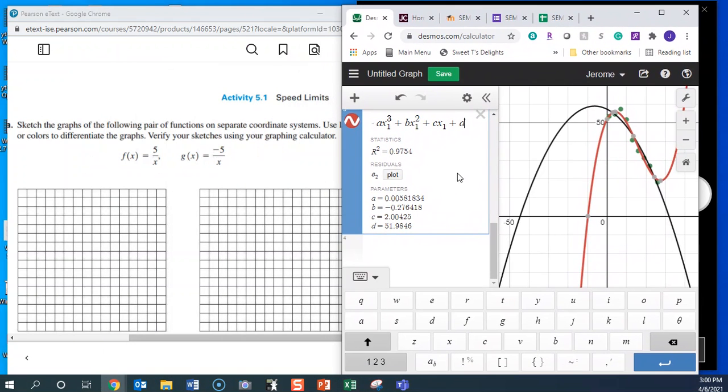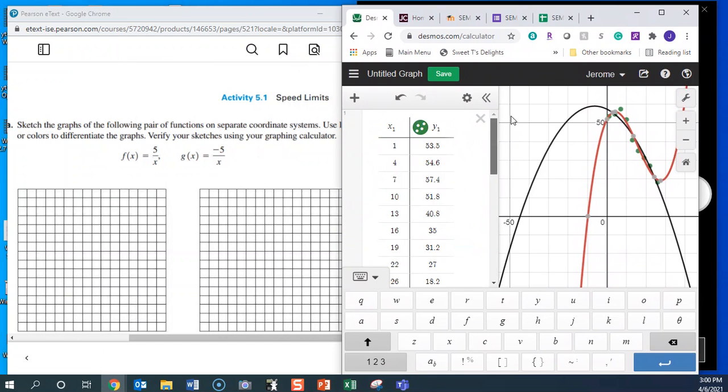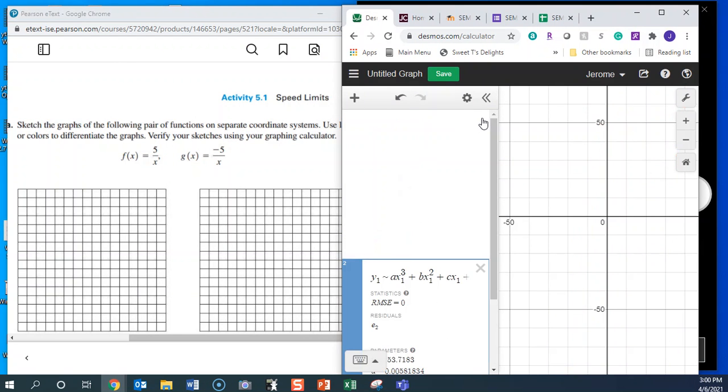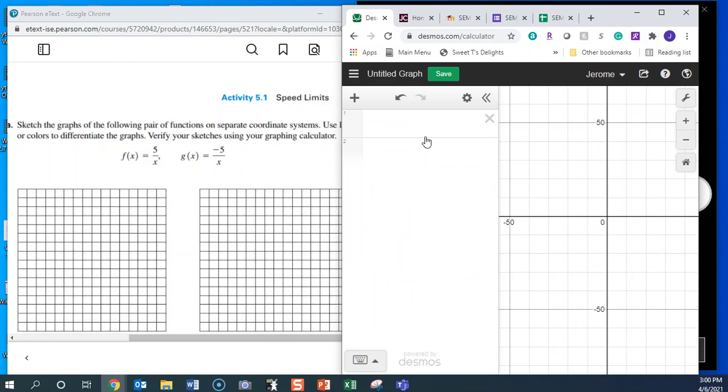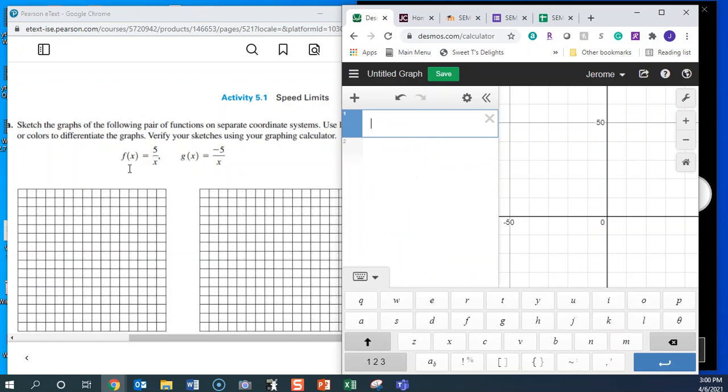What I'm going to do here, I'm just going to take this away, so there'd be no other graphs here. So I'm just going to make the f of x be y and the g of x be y as well. So we could do y is equal to 5 divided by x.